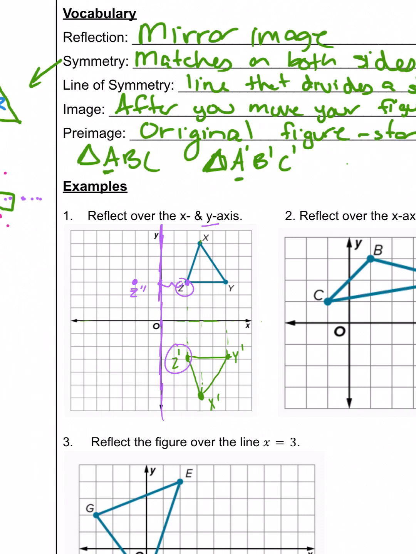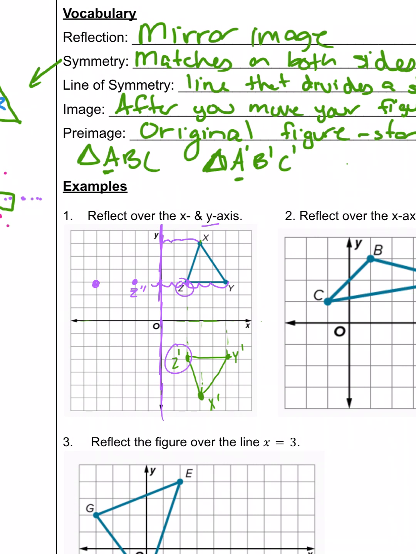And then I'll count Y. Y is 1, 2, 3, 4, 5. So we go 5 in the opposite direction from the axis. 1, 2, 3, 4, 5 should be here. You can draw those lines if you need to. I'm trying not to, so I just don't make too much of a mess on the graph. X is 1, 2, 3 to the right.